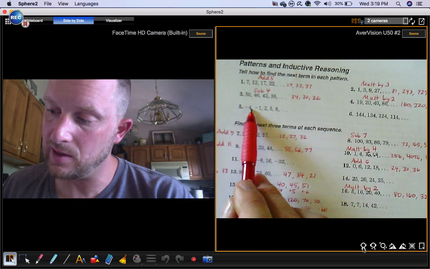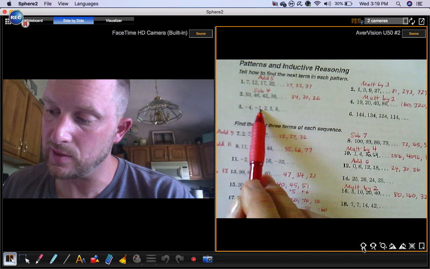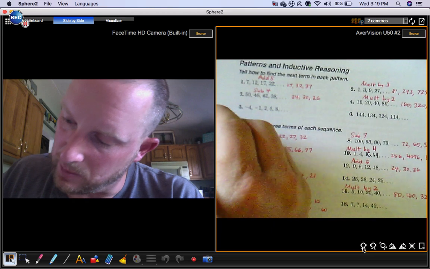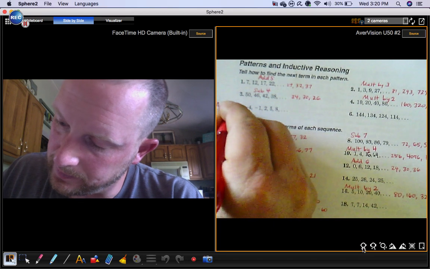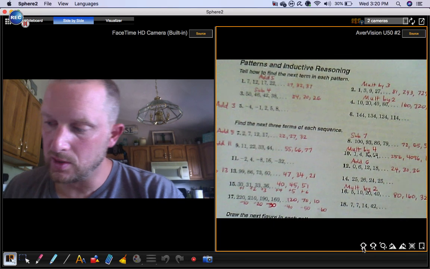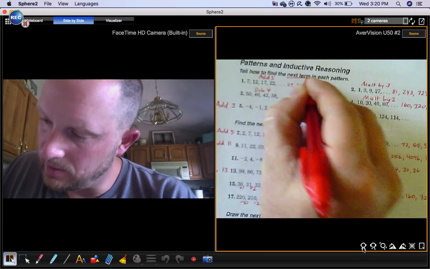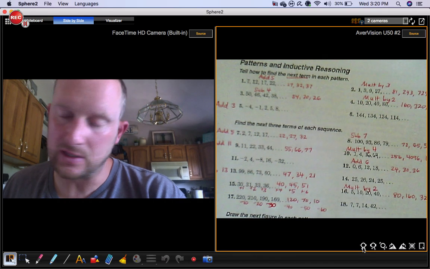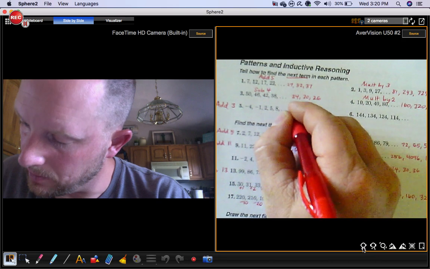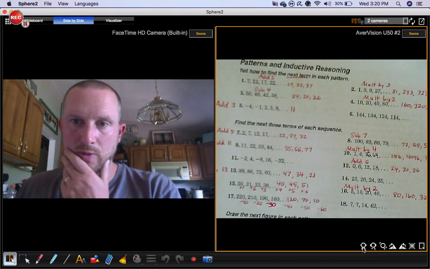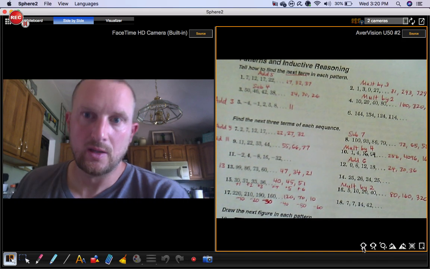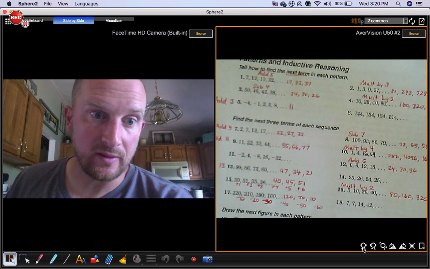So if you go back and double check, it looks like you're increasing by 3 as well. So that's the pattern. Add 3. Again, we just want the next term in each sequence. So add 3. You end up with 11. I'm sure I'm not the only one that made that mistake.